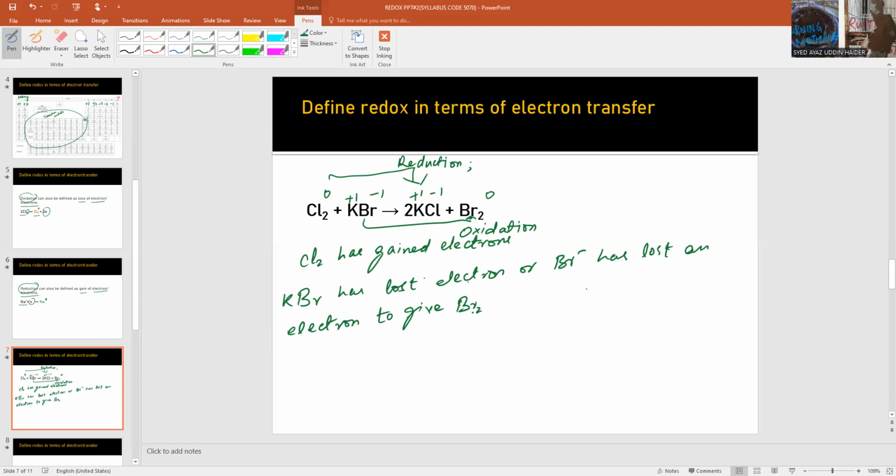Cl2 is reduced to KCl and KBr is oxidized to Br2.